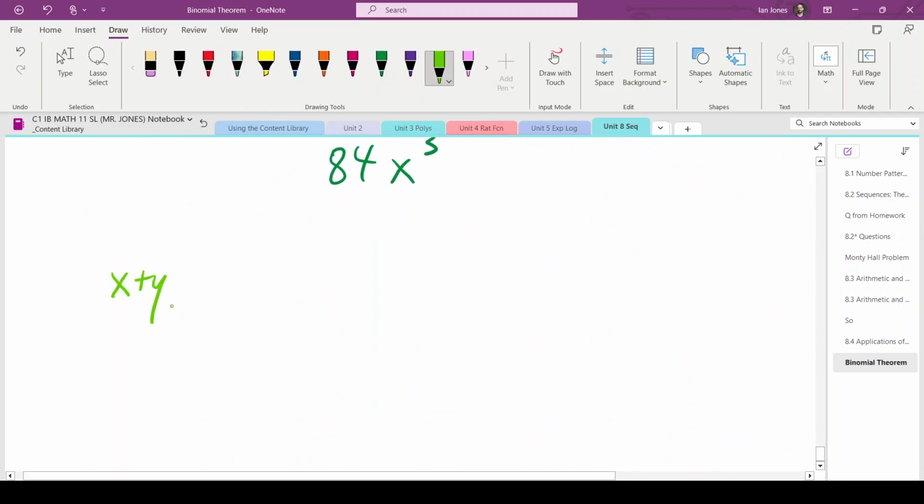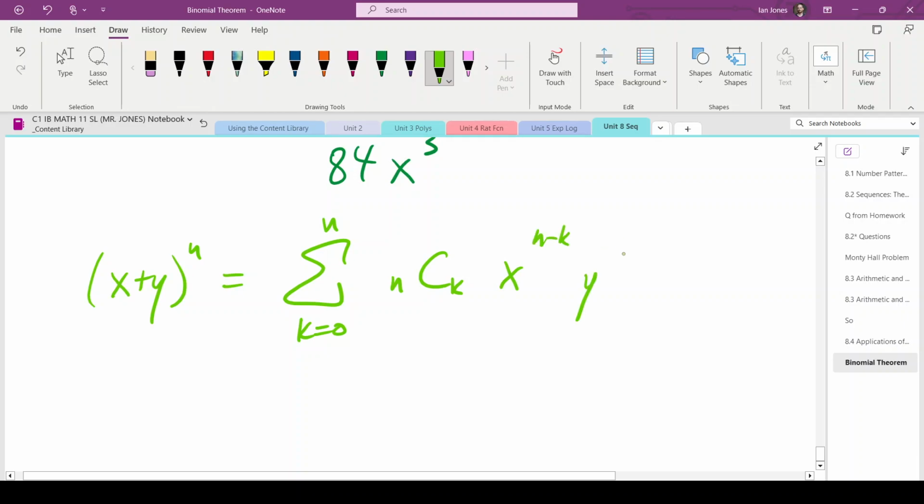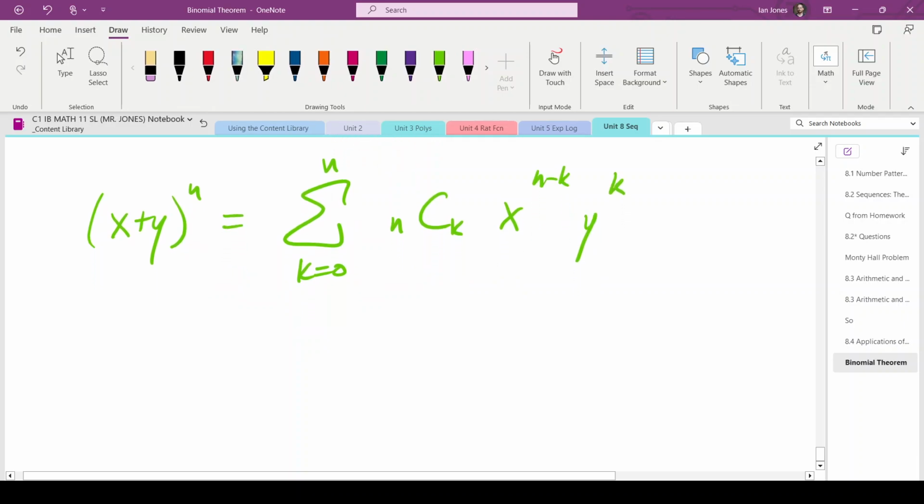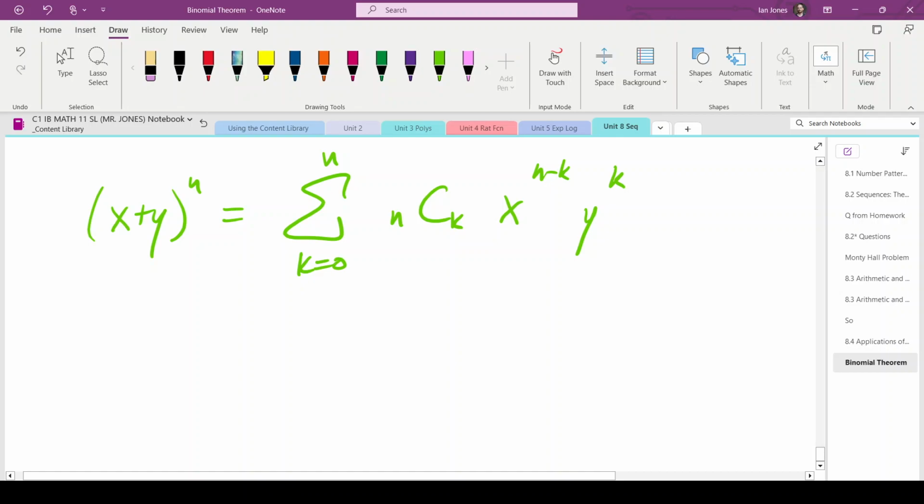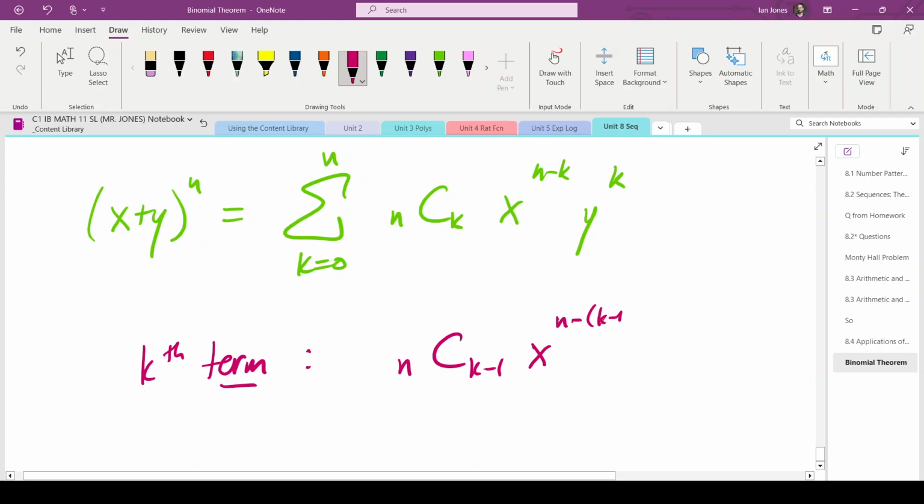The binomial expansion says this. And because I have to adjust for my terms, we say the kth term is given by n choose k minus 1, x to the n minus k minus 1, y to the k minus 1.